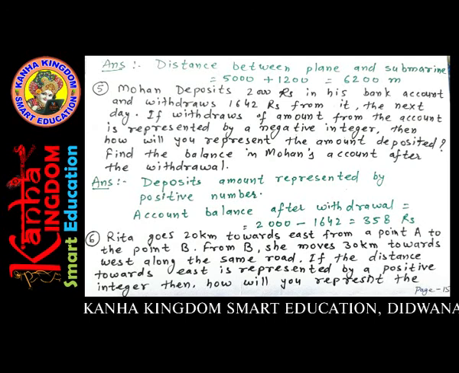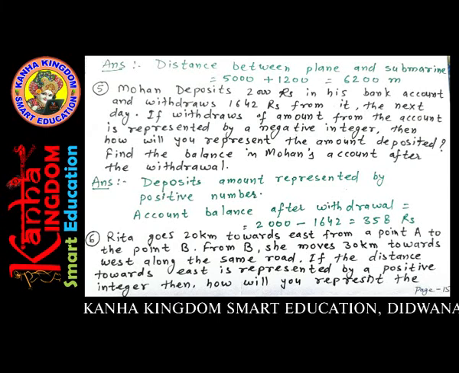Question number 5. Mohan deposits 2000 rupees in his bank account and withdraws 1642 rupees from it the next day. If withdrawals of amount from the account are represented by a negative integer, then how will you represent the amount deposited?